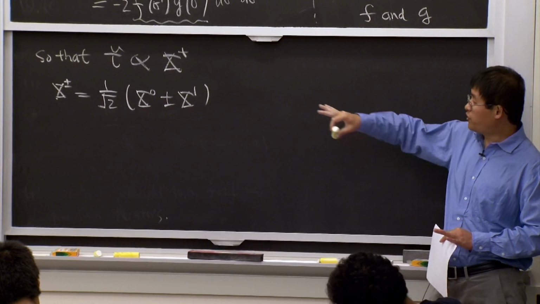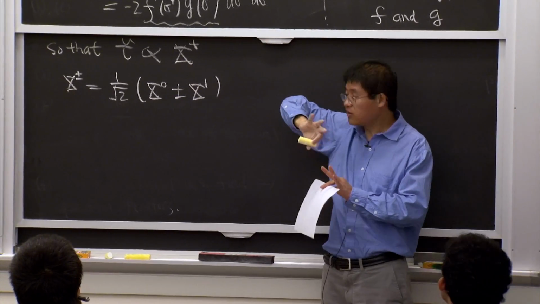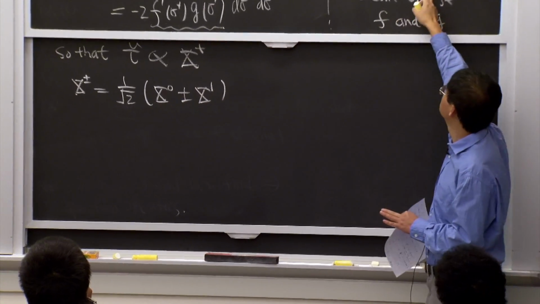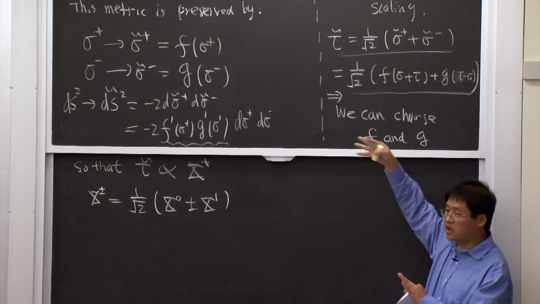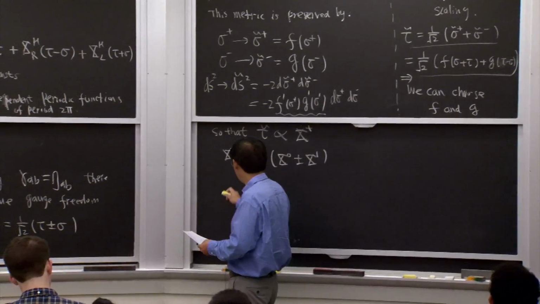So to fix this residual gauge freedom, I choose tau tilde to be some combination of x, and this is the combination I will choose. This is what we call the lightcone gauge.